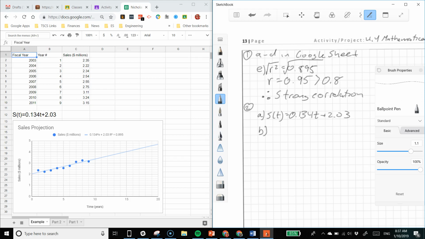So I'm going to say domain: definitely greater than or equal to 1 for time, and less than or equal to, this is a judgment call, but because I currently have 9 years, I don't feel comfortable projecting more than an additional up to about 20 years, because there could be some big changes to my company in that time frame. So I'm only going to use 20 years as my domain.